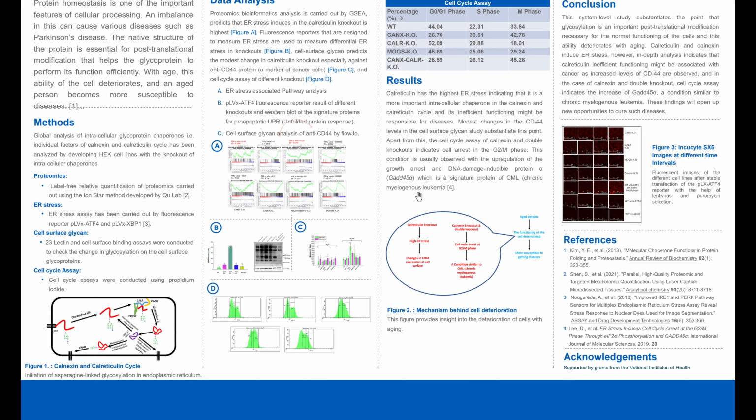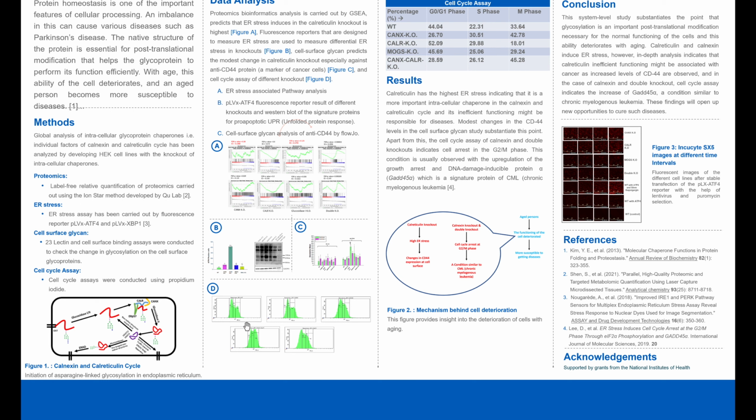In these cells also, the literature has described a condition in which the DNA damage inducible protein GADD45 alpha is overexpressed, and in case of cell cycle arrest at G2 and M, the protein responsible for this condition is the same protein, DNA damage inducible protein alpha, or GADD45 alpha.